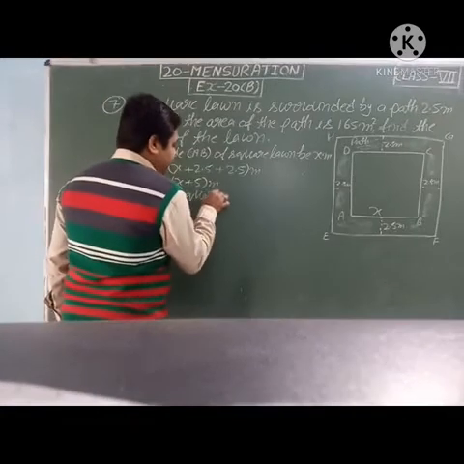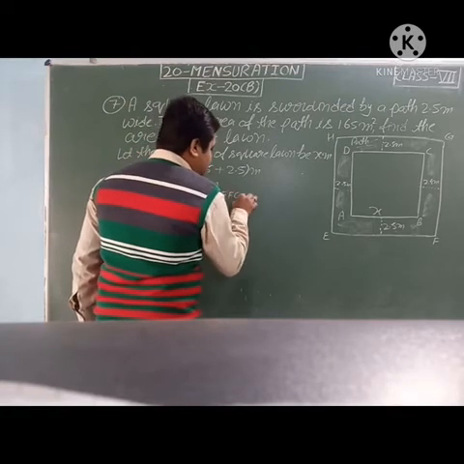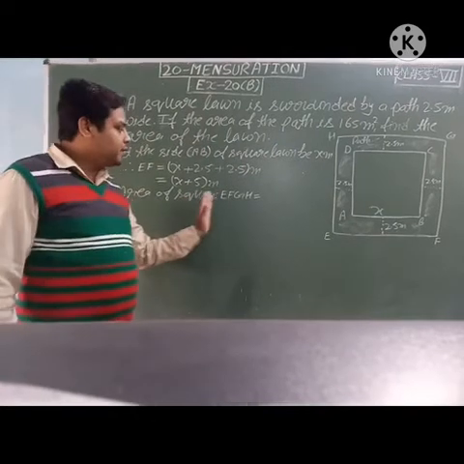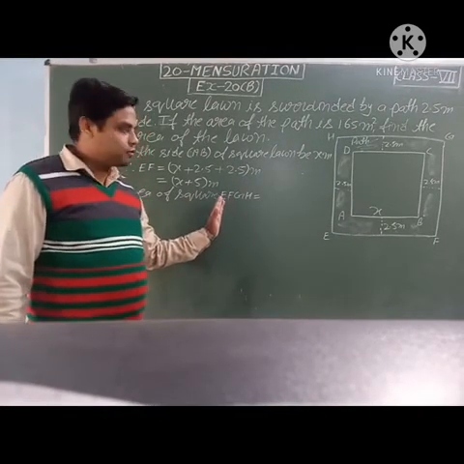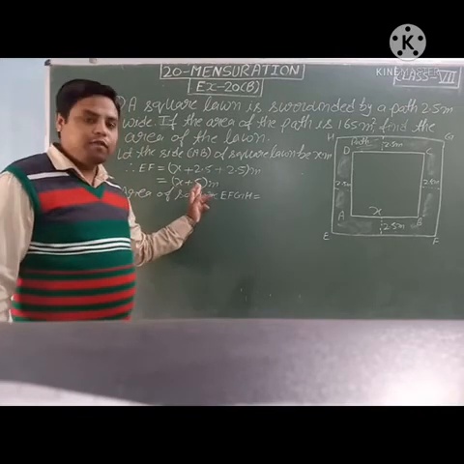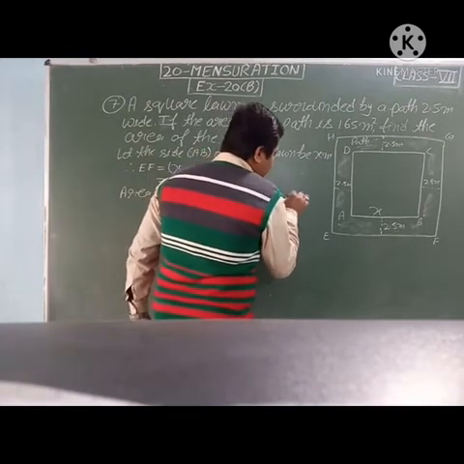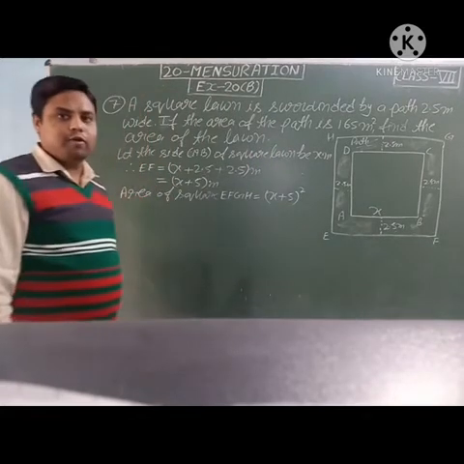Area of square EFGH, formula is side square. So side is X plus 5 meter, square. We will not use the unit here. X plus 5 whole square, side square. Clear?